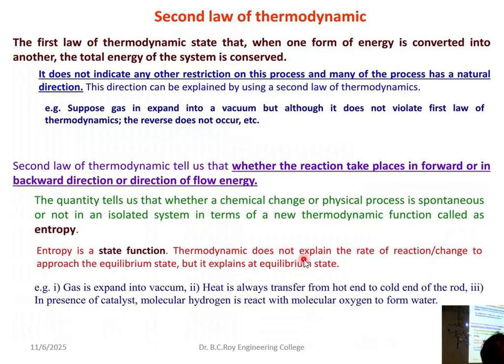The salt was in an ordered state, a crystal lattice. When you dissolve it in the water, it gets scattered inside the bulk of the liquid, then the entropy is increased. Why? Because it was an ordered state, now it becomes a disordered state. When it is scattered, it is disorder. When it is arranged, it is order. Ordered, less entropy. Scattered, more entropy.